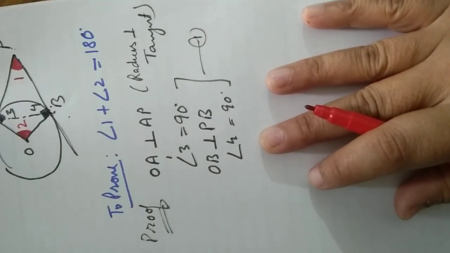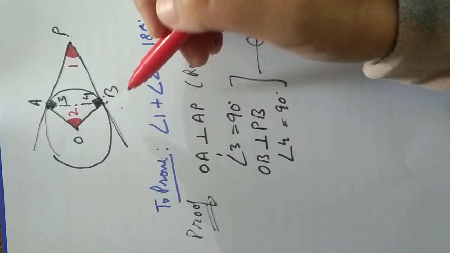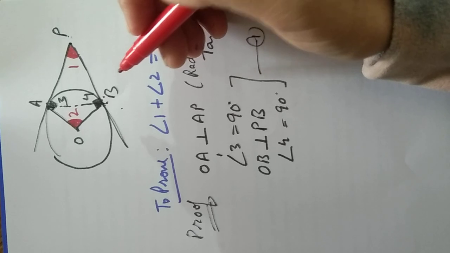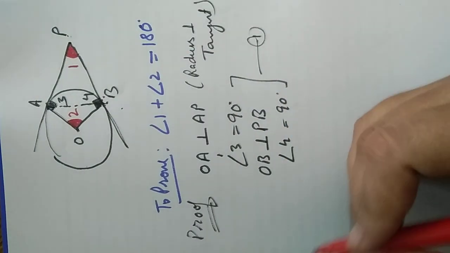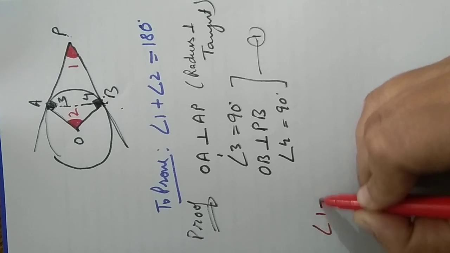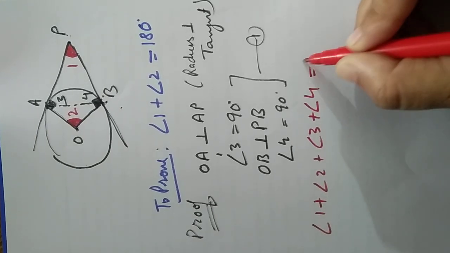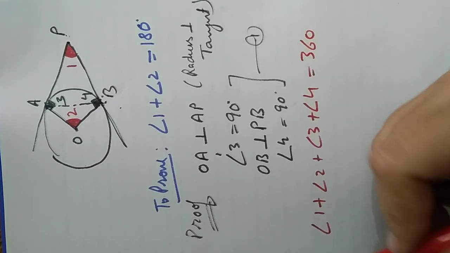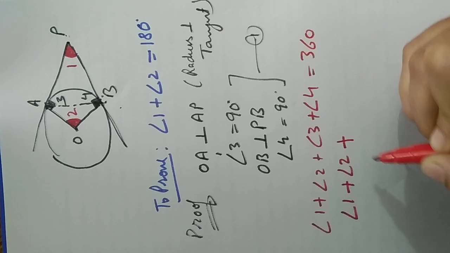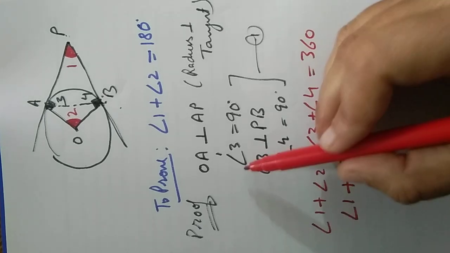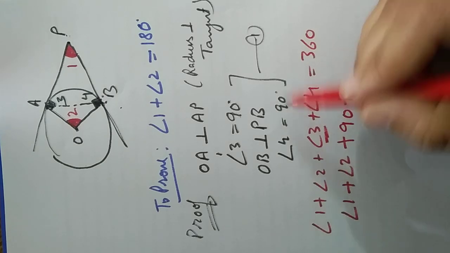Next, we know that OAPB is a cyclic quadrilateral, and the sum of the angles of a quadrilateral is 360 degrees. So we write angle 1 plus angle 2 plus angle 3 plus angle 4 is equal to 360. We don't know the values of angle 1 and angle 2, but we know that angle 3 is 90 and angle 4 is also 90.